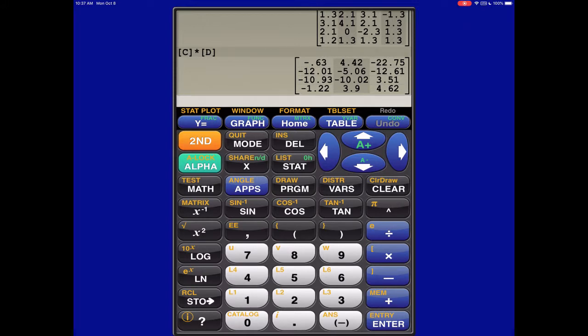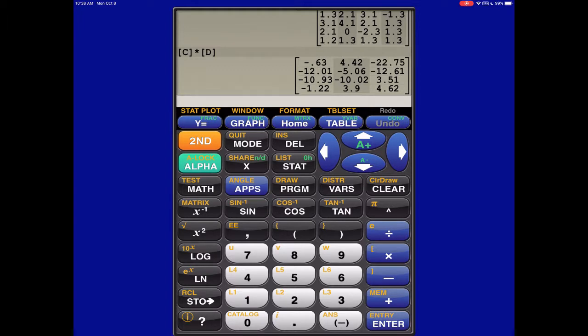All right? So now let's go down. Now, if I put in the price as a vertical matrix, I get a 4 by 1. And I cannot multiply that by a 4 by 3 because remember, those two inner numbers have to be the same.